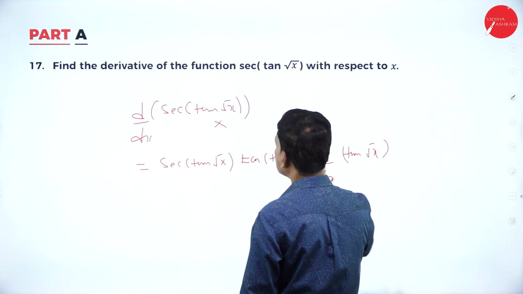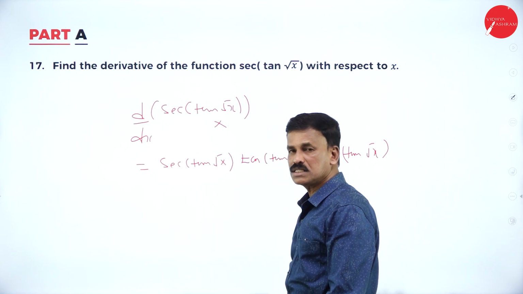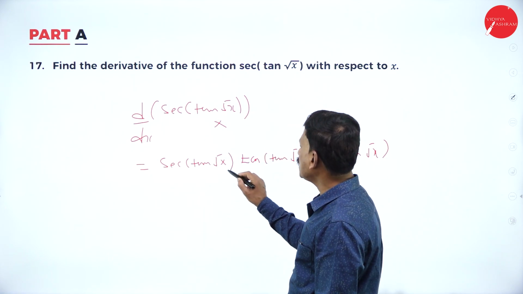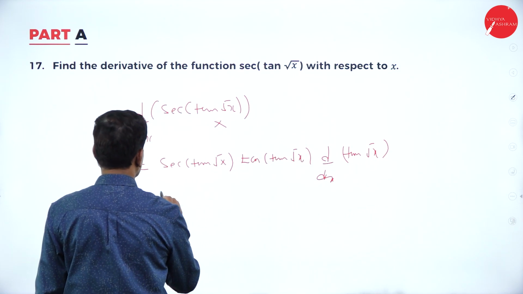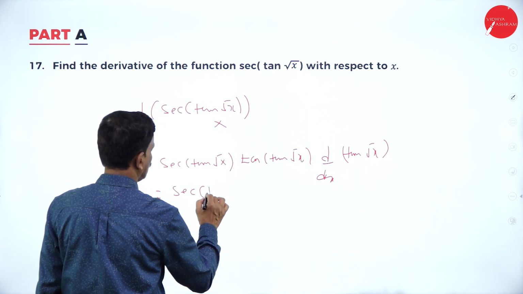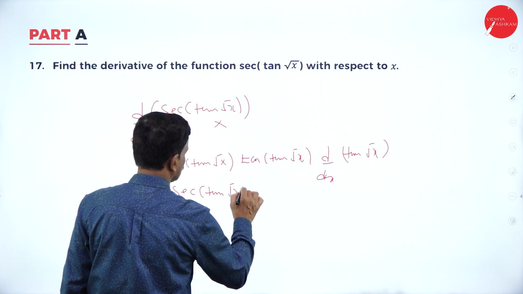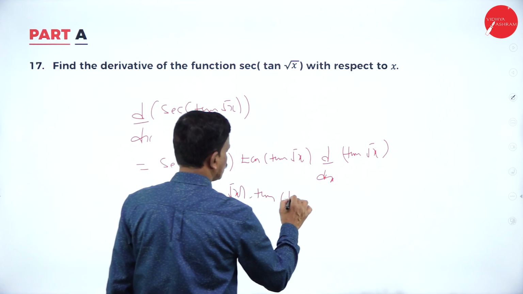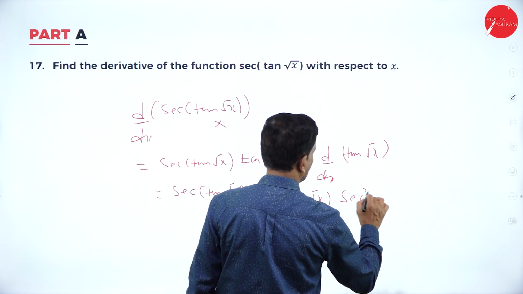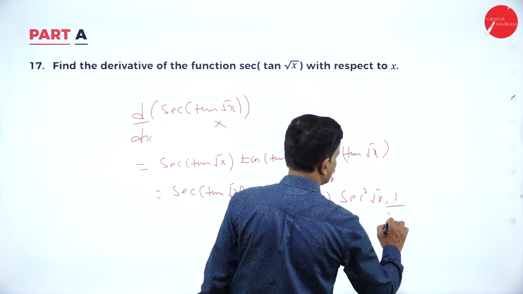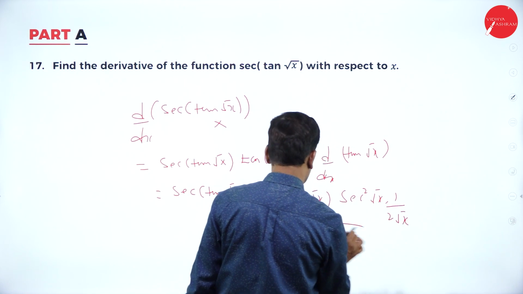So this is secant of tan root x into tan of tan root x into differentiation of tan, which is secant square root x, into differentiation of root x, which is 1 over 2 root x.